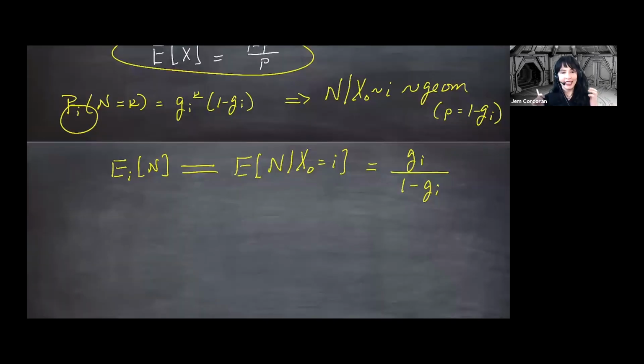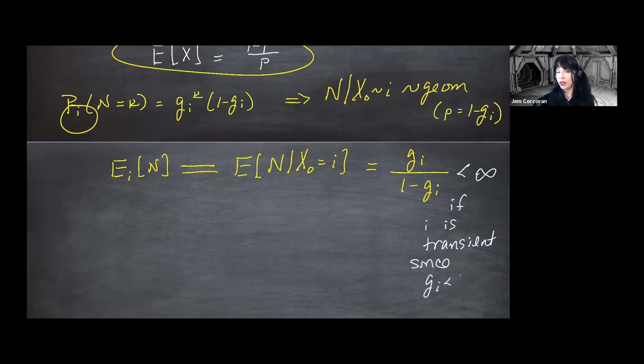This is the expected number of returns to a transient state given that you start at the transient state. For transient states, gi is less than 1, and it's a probability, so we do know that this is finite if i is transient, since that means that gi is less than 1.